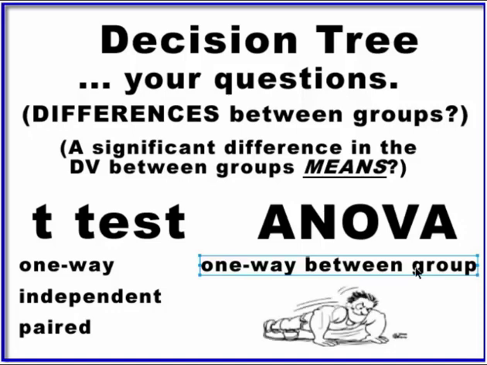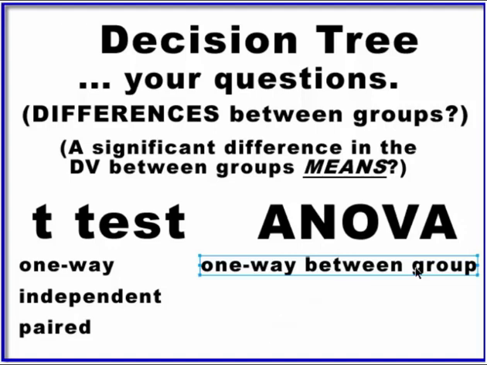That's the DV, number of push-ups in an hour. And that between the sailors, the Marines, the soldiers, the Coast Guards, the airmen, etc., etc. So you have one IV called military branch with the 5 levels, right? Navy, Army, etc., etc. And the DV is the number of push-ups. That's a one-way between group.